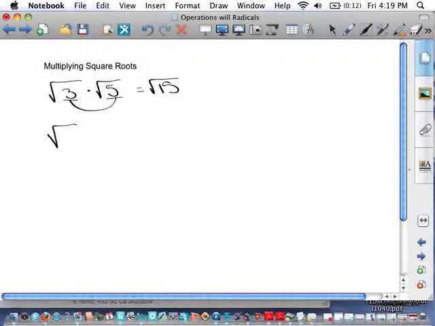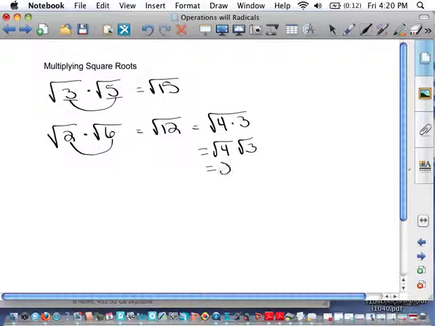Again, if I have something like the square root of 2 and I'm multiplying that by the square root of 6, I multiply the radicands together, giving me the square root of 12. Now once I have the square root of 12, if I can simplify that, I should. I know the square root of 12 is 4 times 3, square root of 4 times square root of 3.